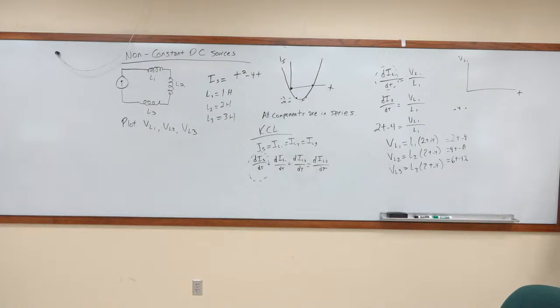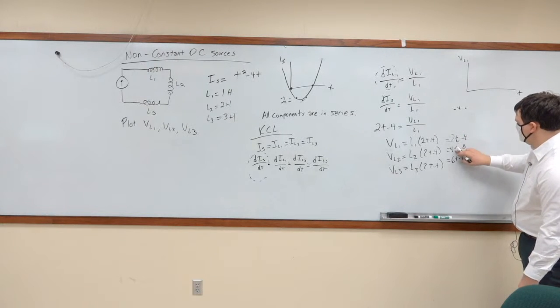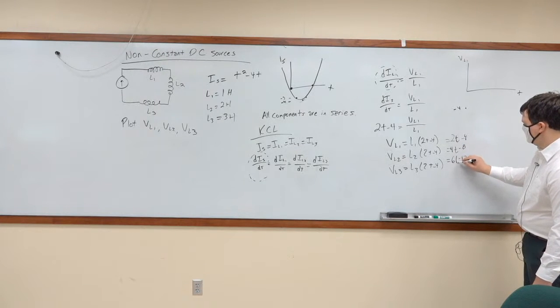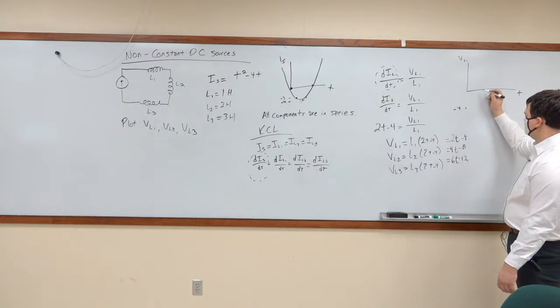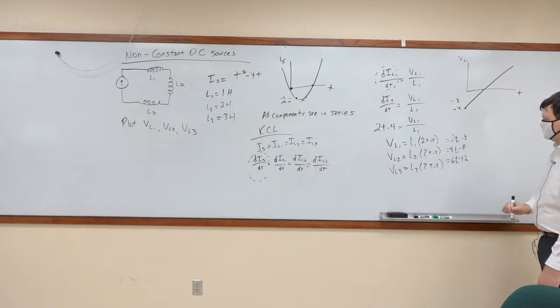Those are t's, not pluses. I feel like I'm drawing a fish hook. What's the value at 2 seconds for VL1? Oh, yeah, I forgot 1 second. So it forms a line that goes like this.